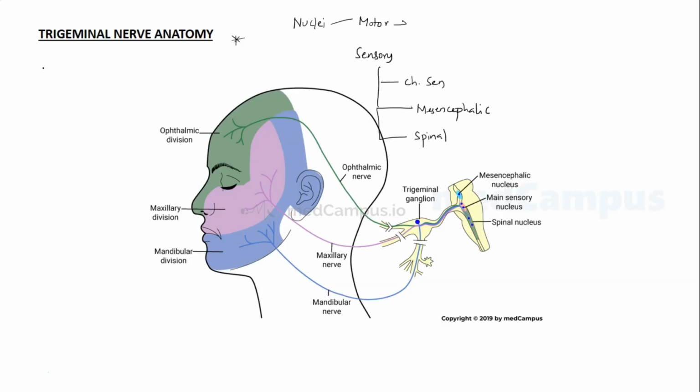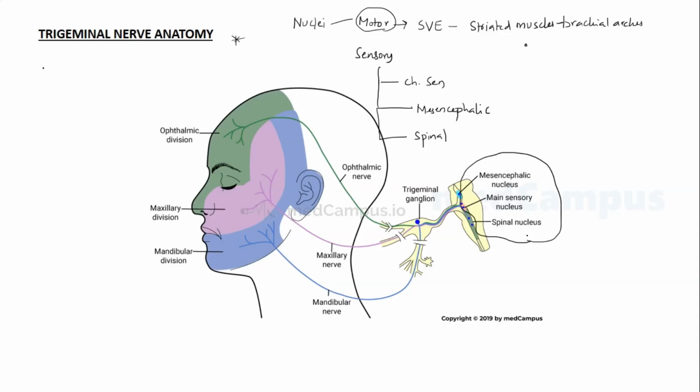The motor nucleus is under the category of special visceral efferent. They supply striated muscles arising from pharyngeal or branchial arches. So where is the motor nucleus of the trigeminal nerve situated?